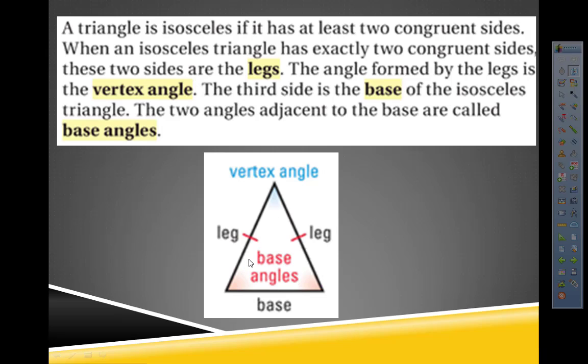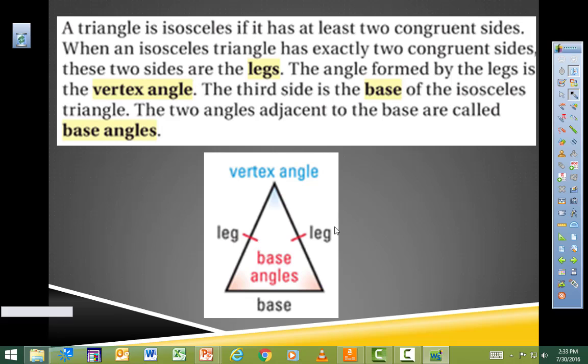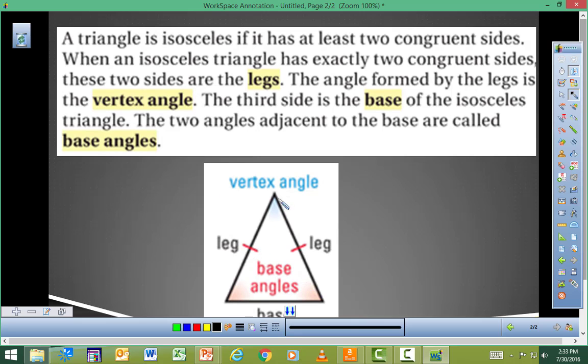Anyhow, we also have what are called base angles, and let's talk about angles. So you'll notice this angle right here is made up of two rays, and every triangle has three sides. Basically this angle touches two of the sides.